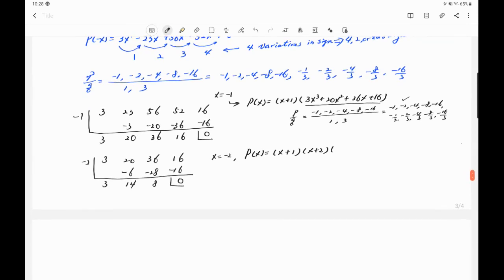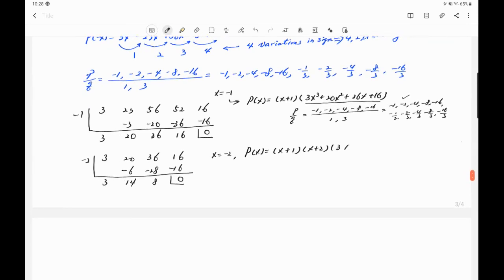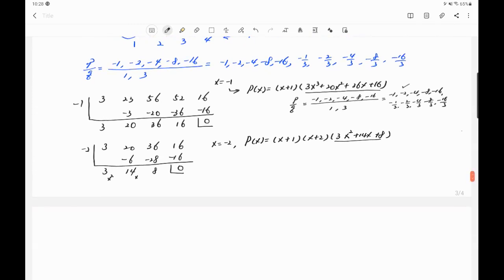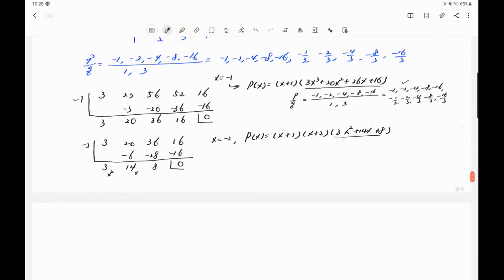And then the last one is 3x. This last row is a quadratic, right? So 3x squared plus 14x plus 8, because this is the constant, 14 is the coefficient of x, and this is x squared. Since we have a quadratic, we can use the quadratic formula or the factoring method.